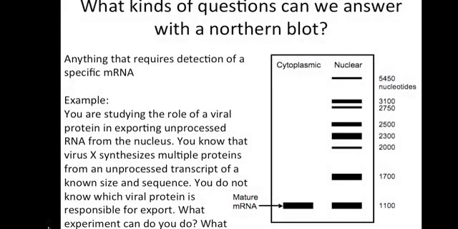Okay. The figure that I have here shows a northern blot result where you have cytoplasmic and nuclear fractions. You can take a cell, isolate the nucleus and the cytoplasmic fraction, and detect which RNAs are present in which place. That's useful for answering a question like this, because only certain viral proteins are going to allow your RNA to get out of the nucleus.